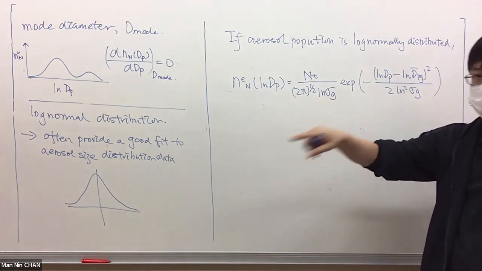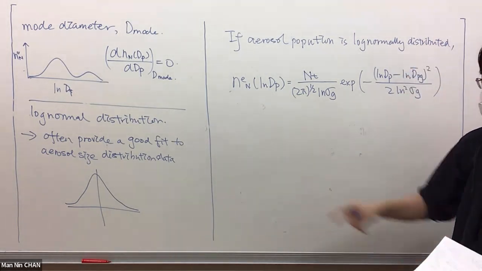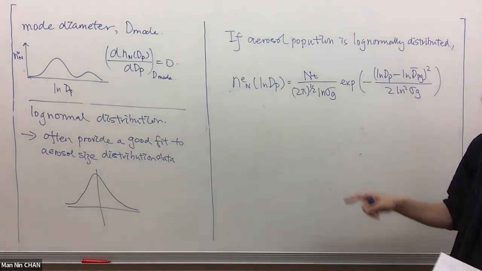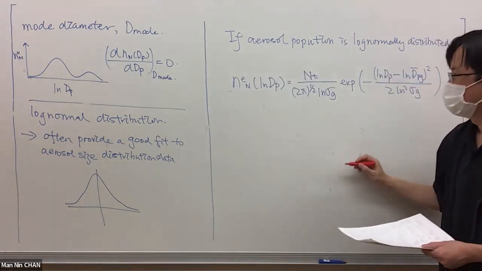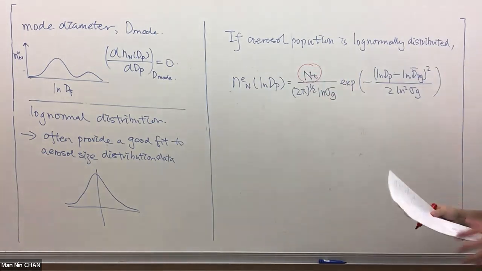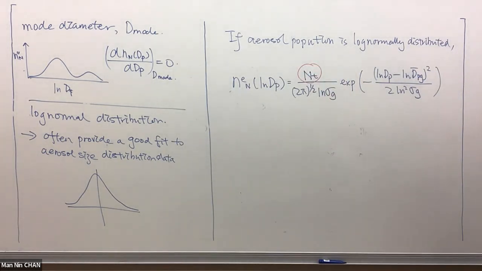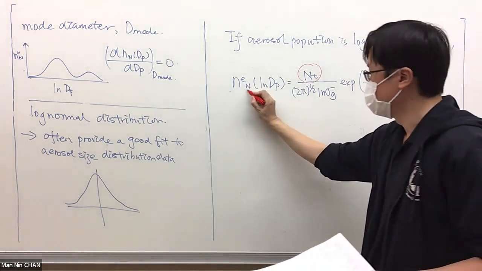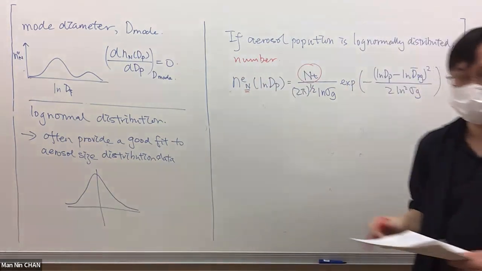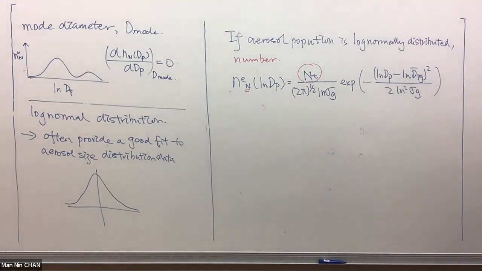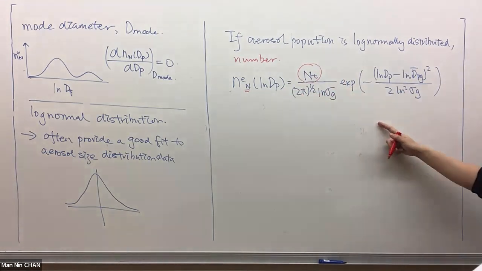To describe this log normal distribution function, you can use a few parameters. One is called N_T, which we defined before. N_T means the total aerosol number concentration.